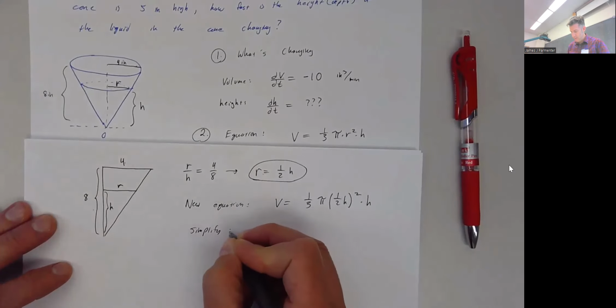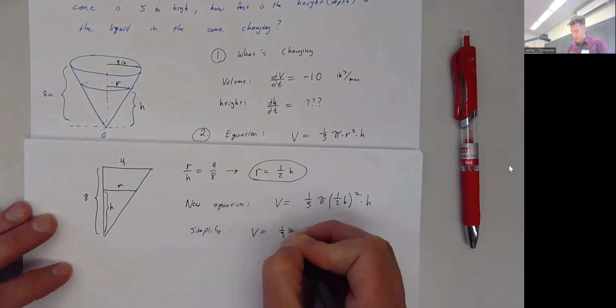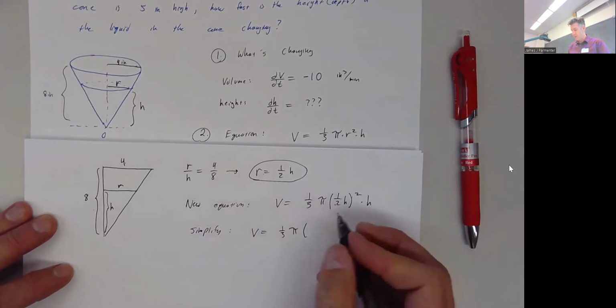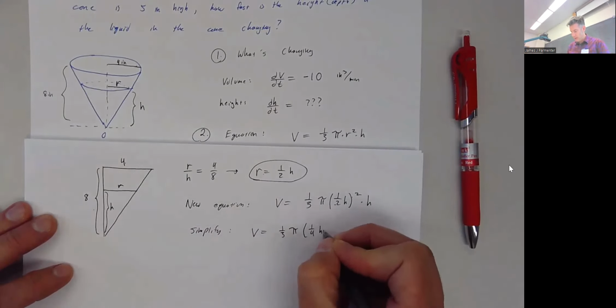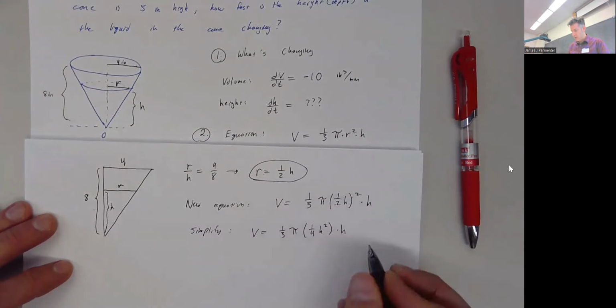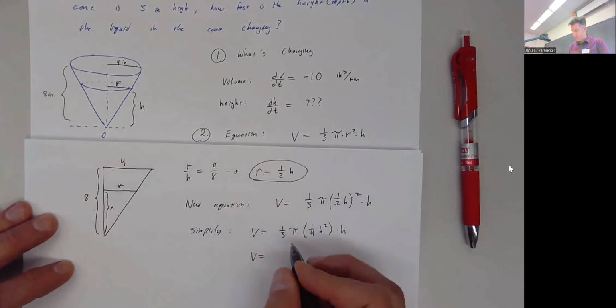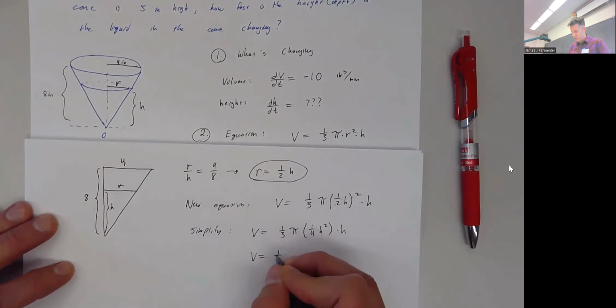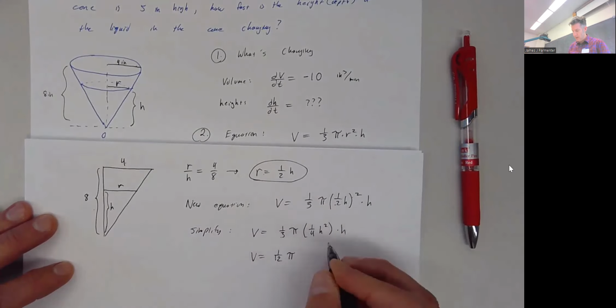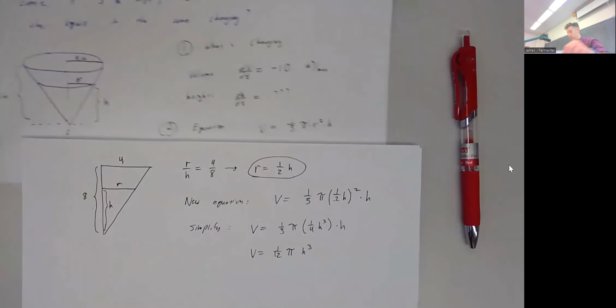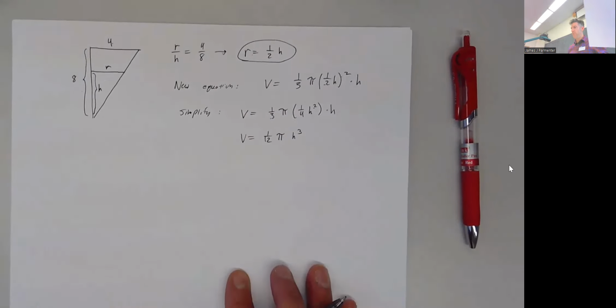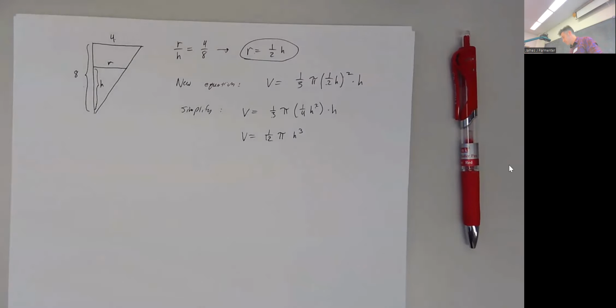Now we're going to get volume equal to 1/3 times pi times 1/2 squared is 1/4 h squared times h. And then simplifying one more time, 1/3 times 1/4 is 1/12 times pi. H squared times h is h cubed. It's going to be much better to take the derivative of that than not multiply it all out.